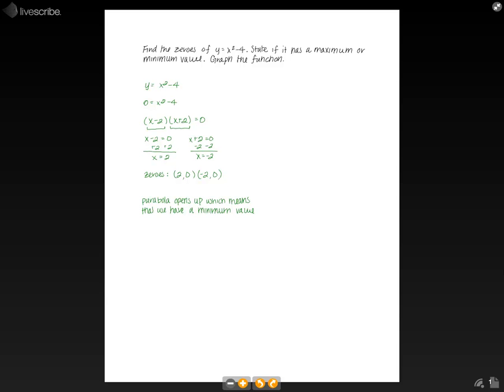Alright, so now we just need to graph this. So let's draw some axes over here. Alright, so 1, 2, 3, 4. 1, 2, 3, 4. Alright.